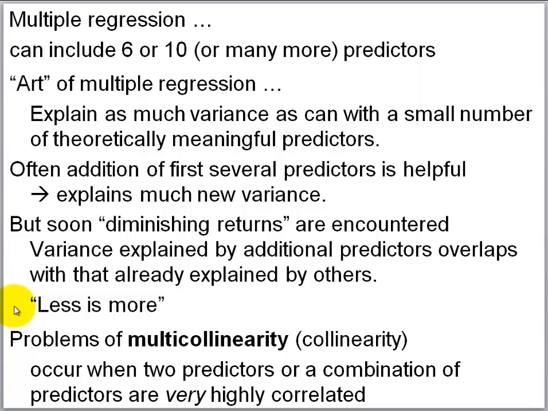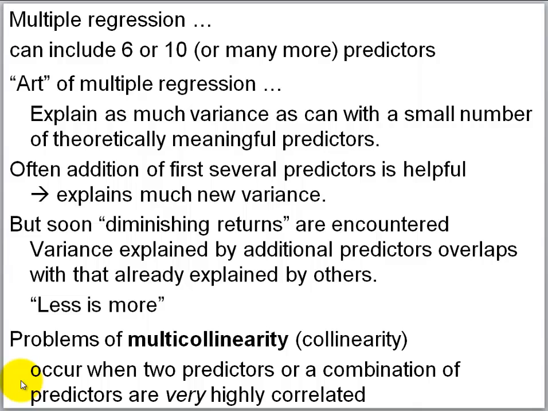Before we conclude discussion of multiple regression, I should mention the problem of multicollinearity or collinearity. You get this problem when two predictors or a combination of more than two predictors are very highly correlated.